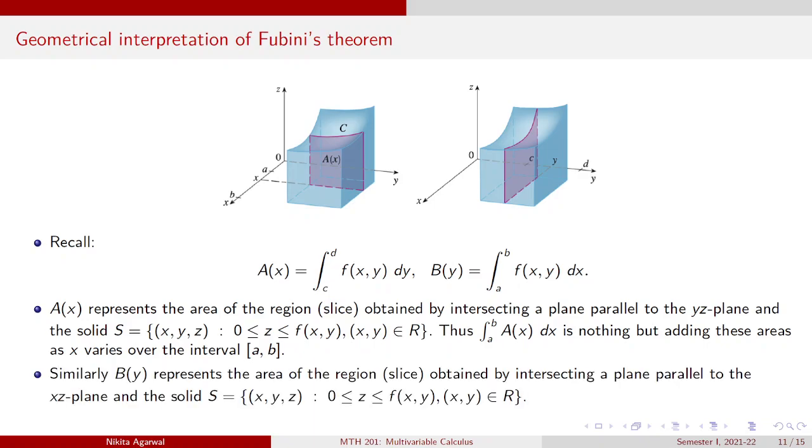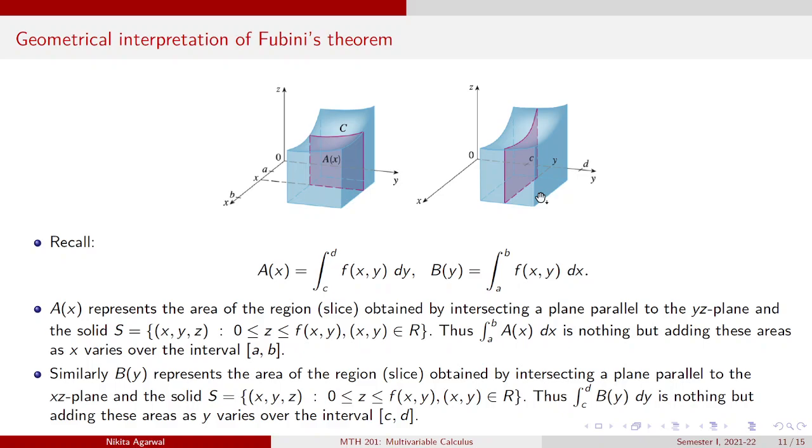Similarly for B(y). B(y) represents the area of the region obtained by intersecting a plane parallel to the xz plane and the solid, which is this purple thing, and then you vary over y.